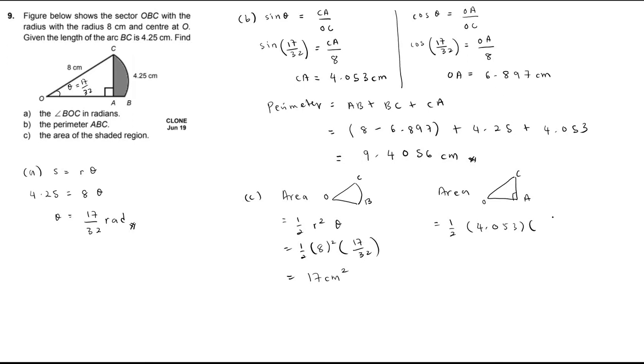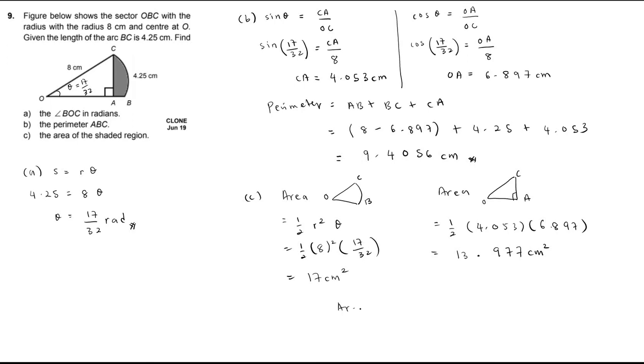We calculated OA earlier, 6.897. Okay, 1 over 2 multiplied by CA multiplied by OA. And we get area of triangle as 13.977 cm square.